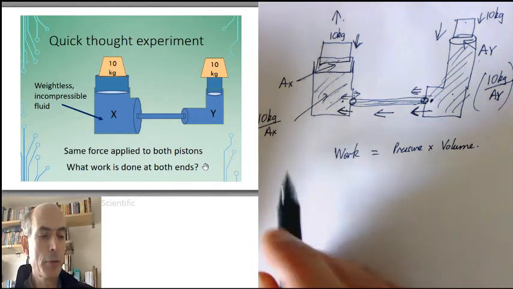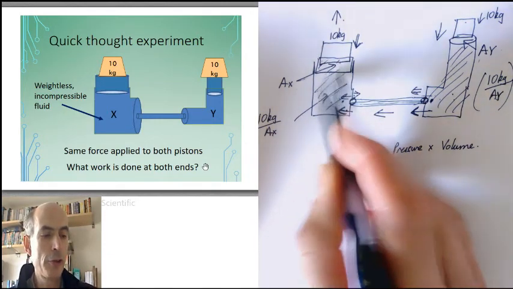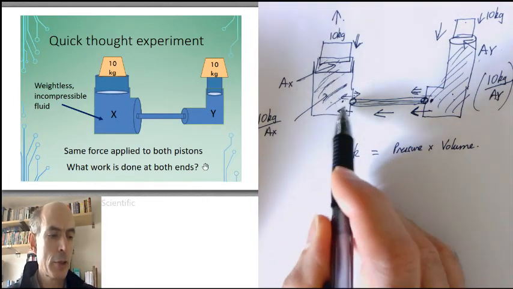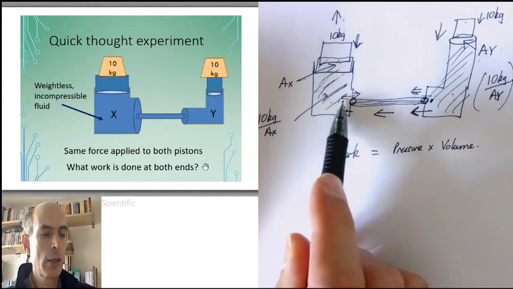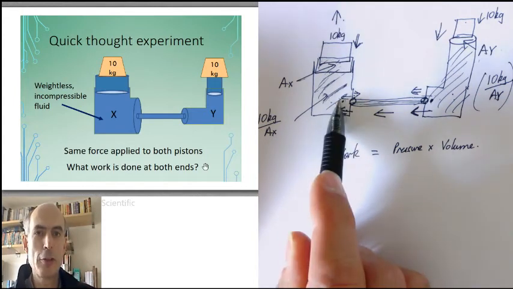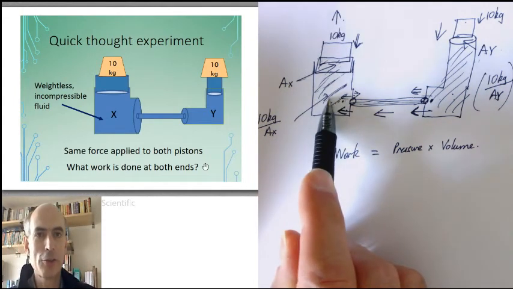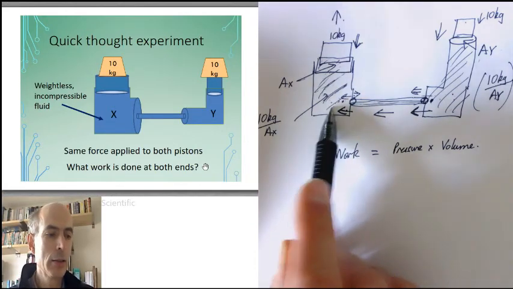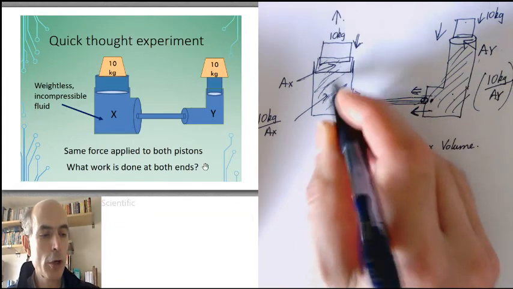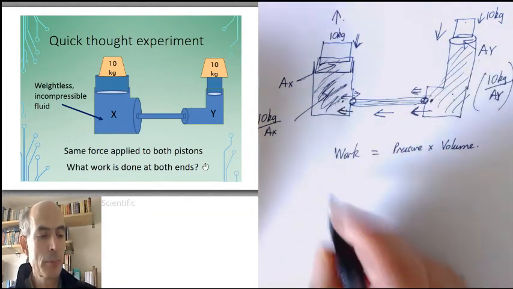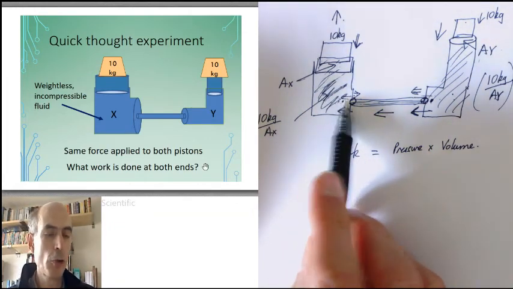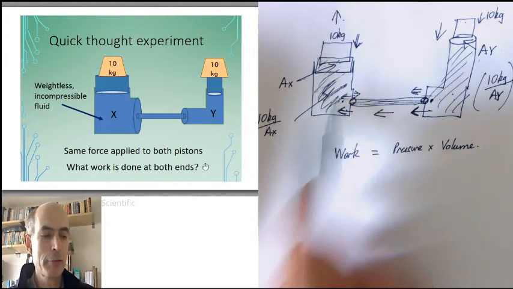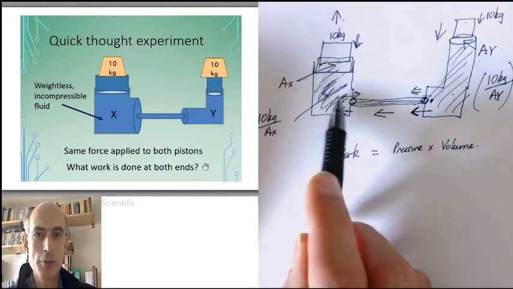You could, if you like, think about this cylinder as doing negative work, because the volume isn't leaving this cylinder, it's entering this cylinder. If you think about that as a negative volume leaving, then you could say the work being done by this cylinder is the pressure times the volume leaving, but the volume leaving is negative, so the work being done is negative.